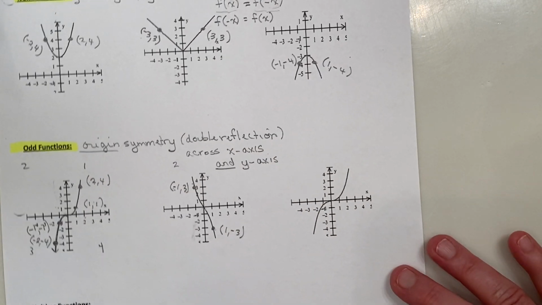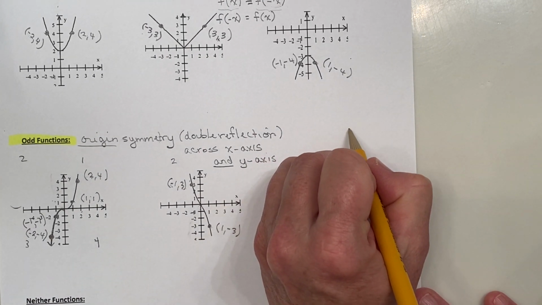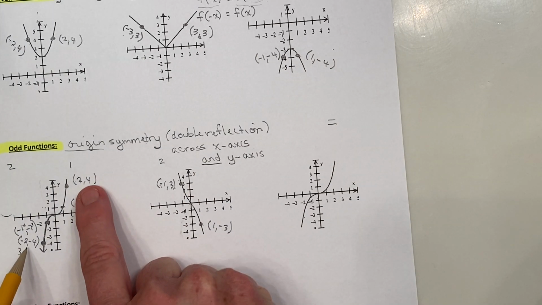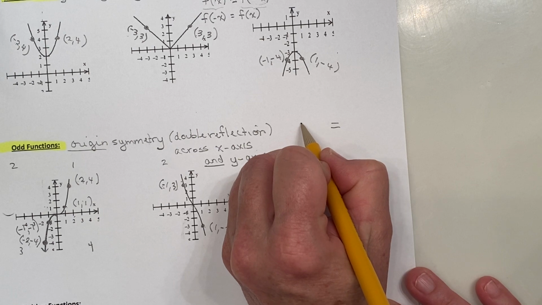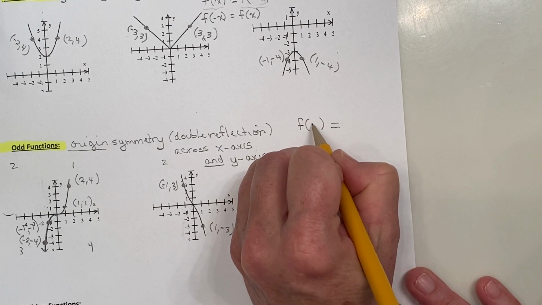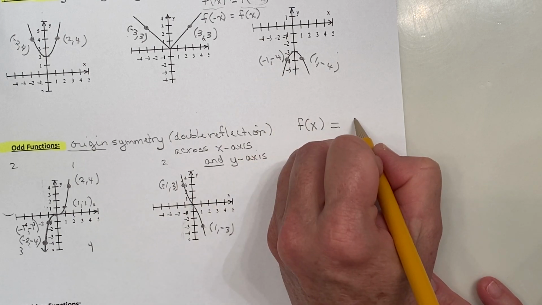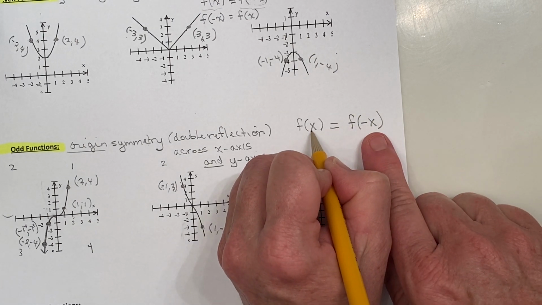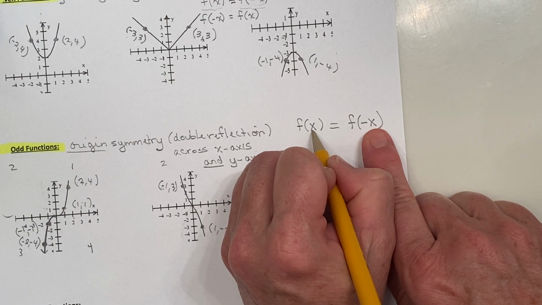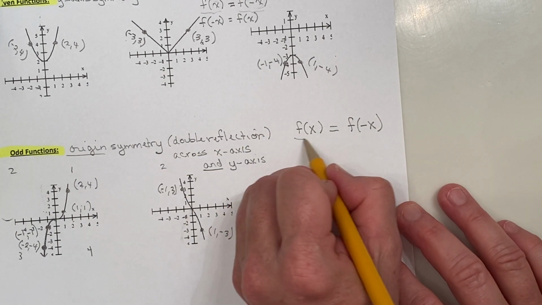Okay, the notation's a little funky, so let's look at that. So how do these two ordered pairs relate to each other, these numbers? Well, the x's are opposites. So if I had positive x here, then I would have to have negative x in here. This is the input value right here. These are your x's. So opposite x's, but then we pull back and we look at all the notation.